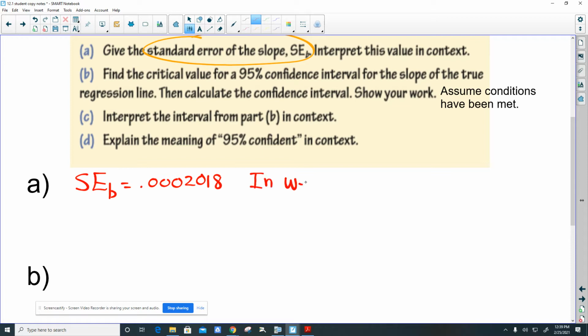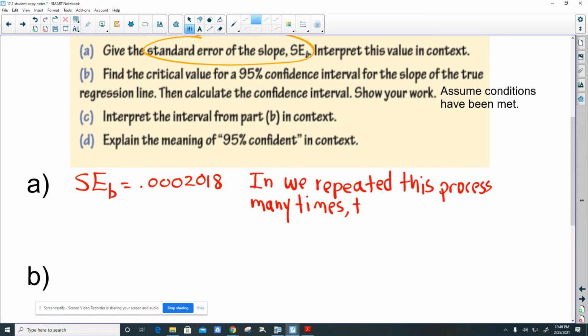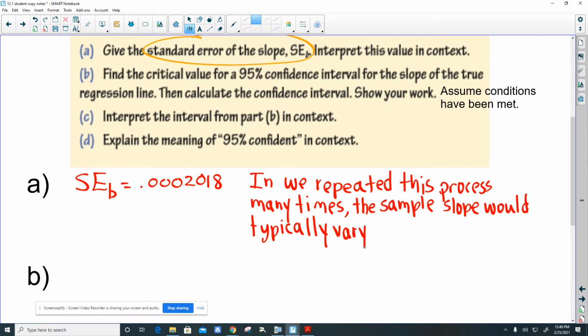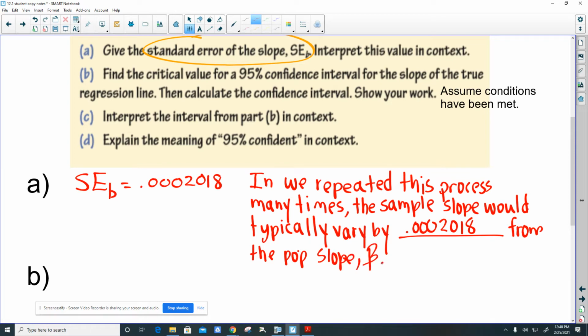So we're going to say, if we repeated this process many times, the sample slope would typically vary by about 0.0002018 from the population slope, which we use the beta symbol to represent.